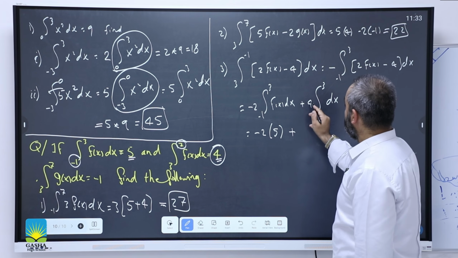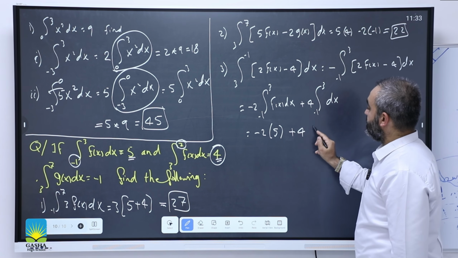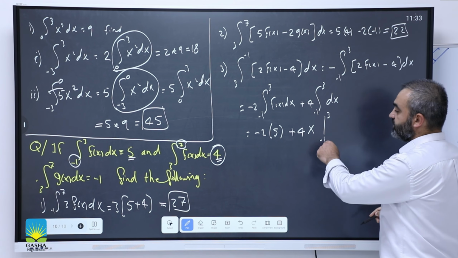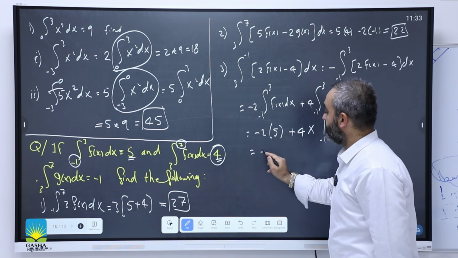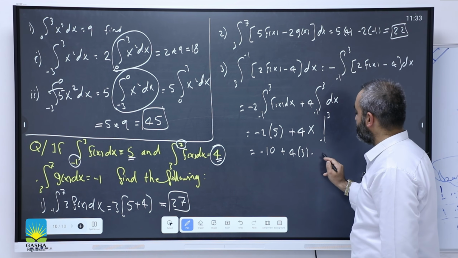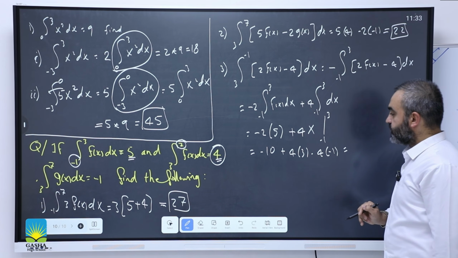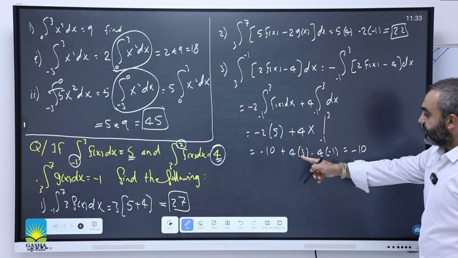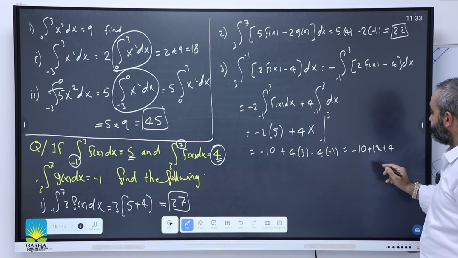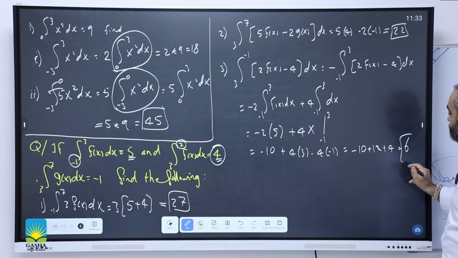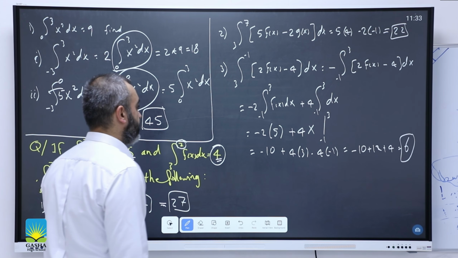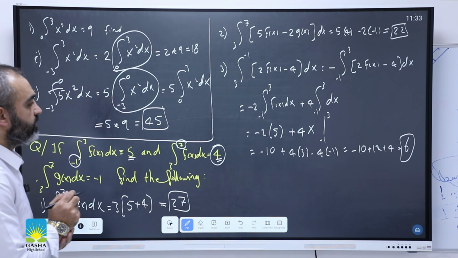So plus 4x here, and into -1 to 3. This is -10. And 4 times 3 minus 4 times -1. So this is -10 plus 12 plus 4. So this is 6. This is the final question about the definite integral.